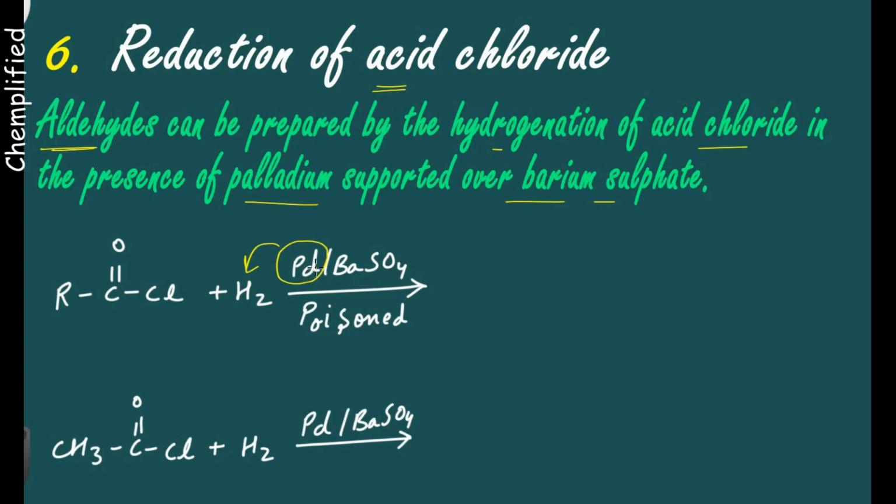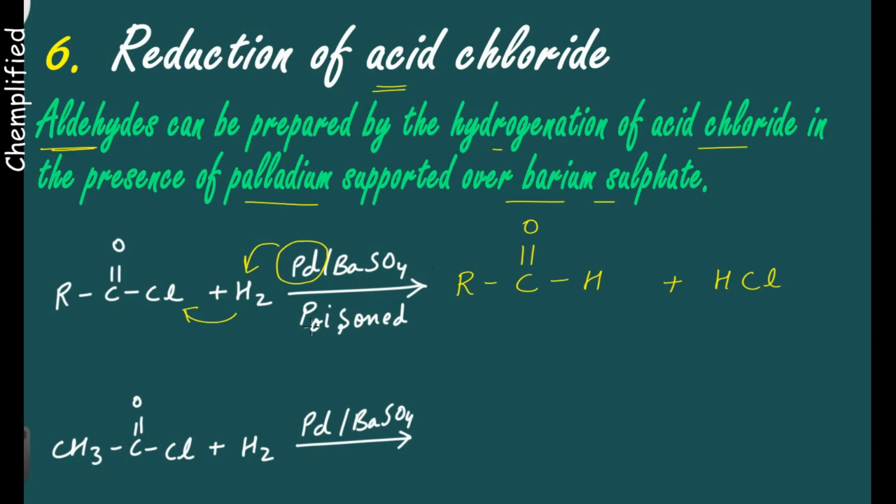The final product that you are going to get is your aldehyde, right? And HCl will be removed. We know how HCl is going to get removed. One of the hydrogens will take up chlorine and get out of the molecule.